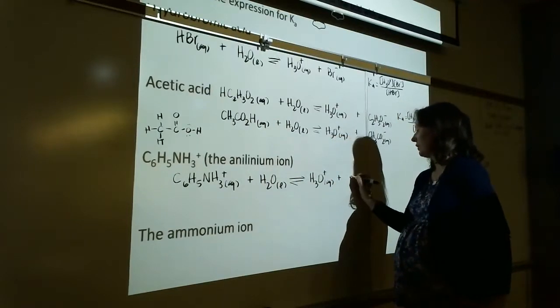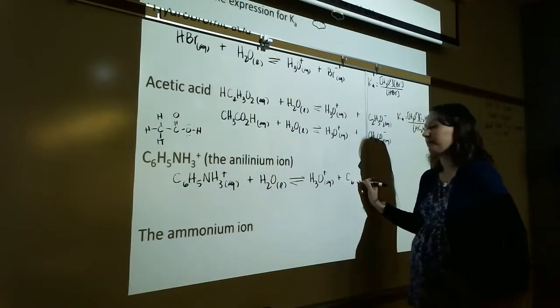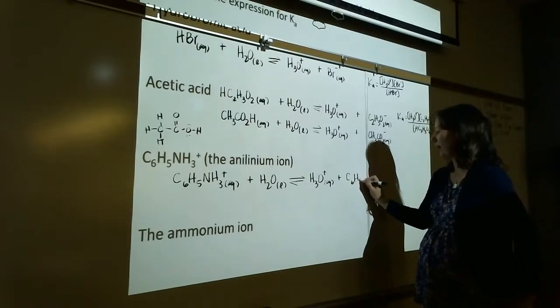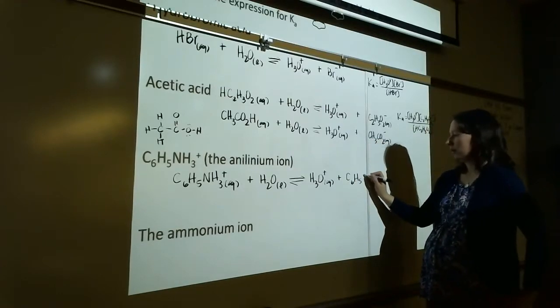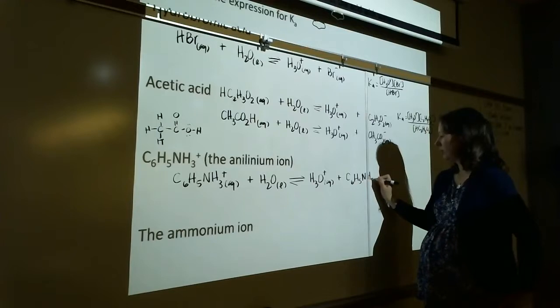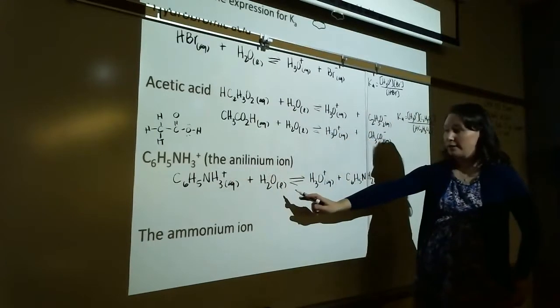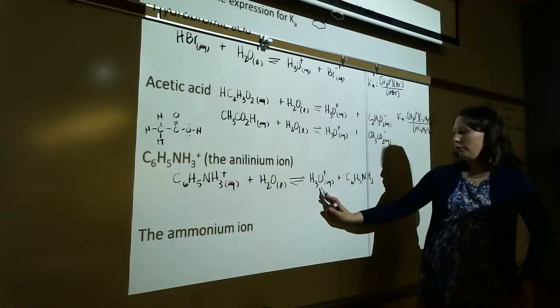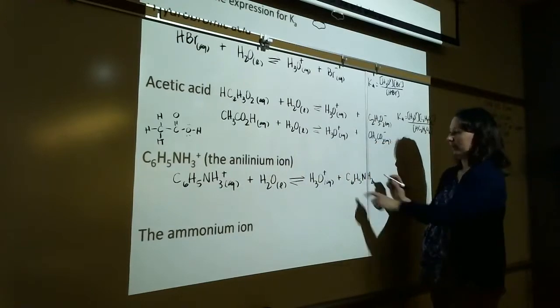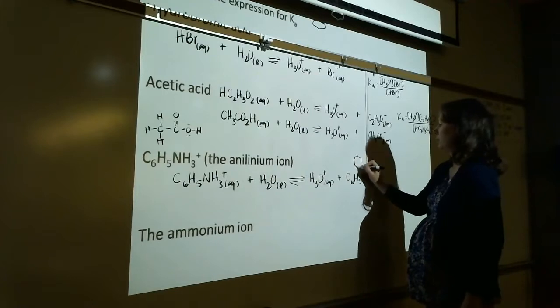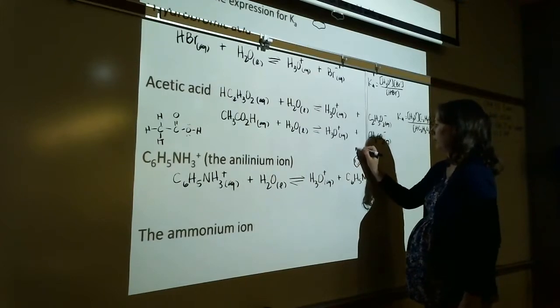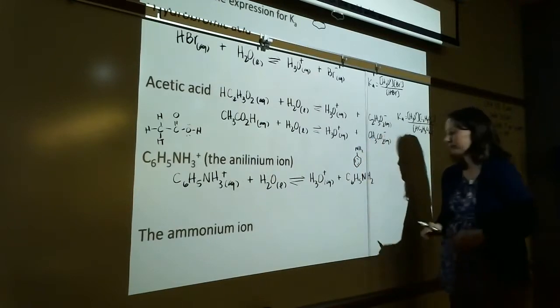I heard someone start saying it. C6 what? H5 NH2. Right. Because when this donates an H plus, that's how you get H3O plus, and then you get aniline. Aniline is an organic molecule. Looks like that. Okay.